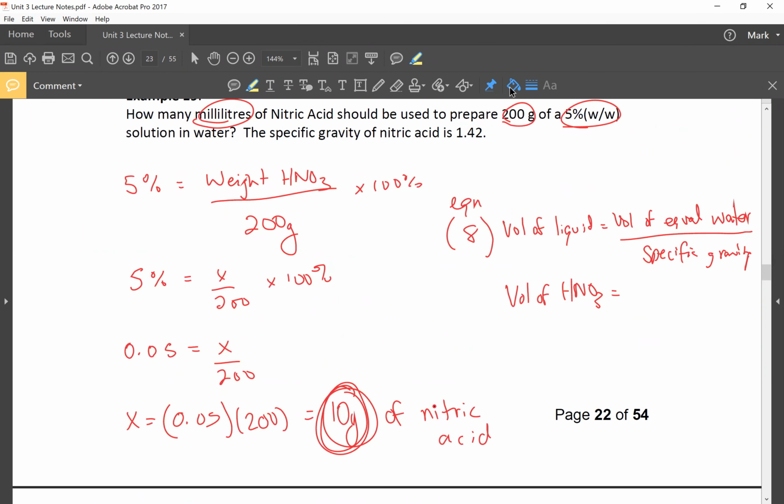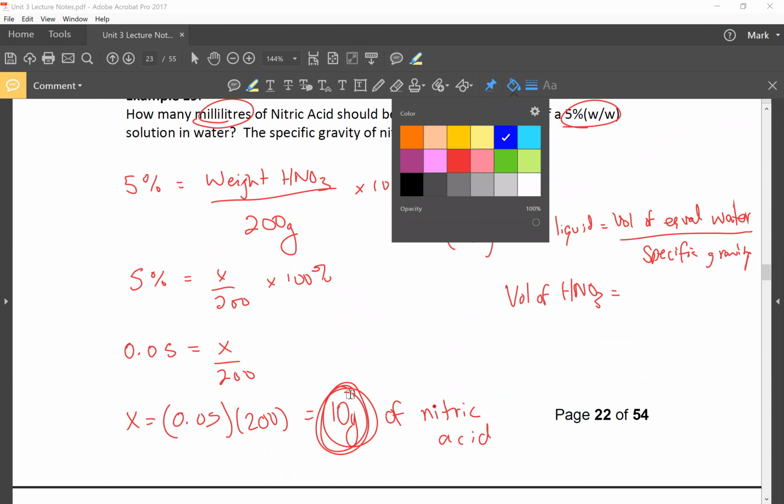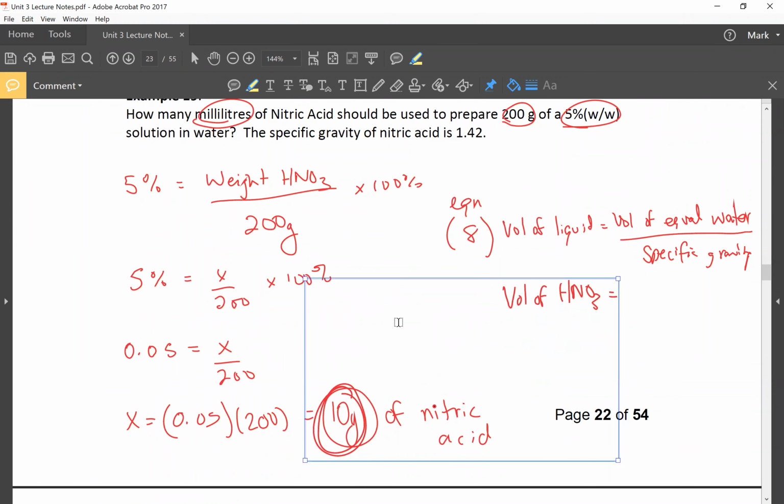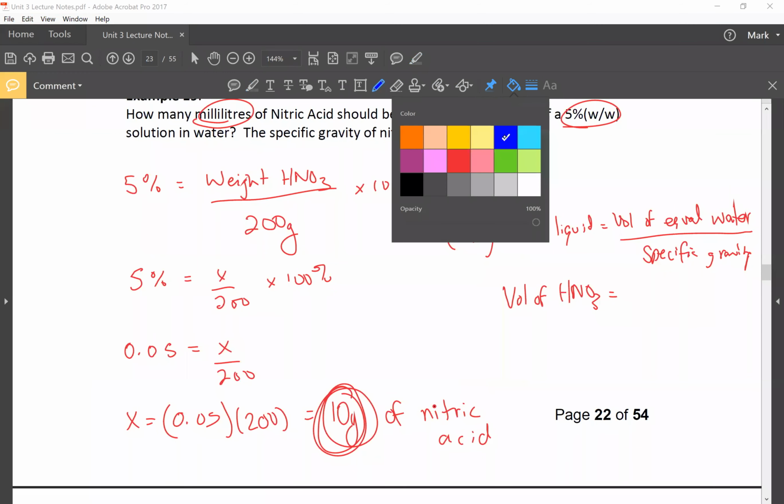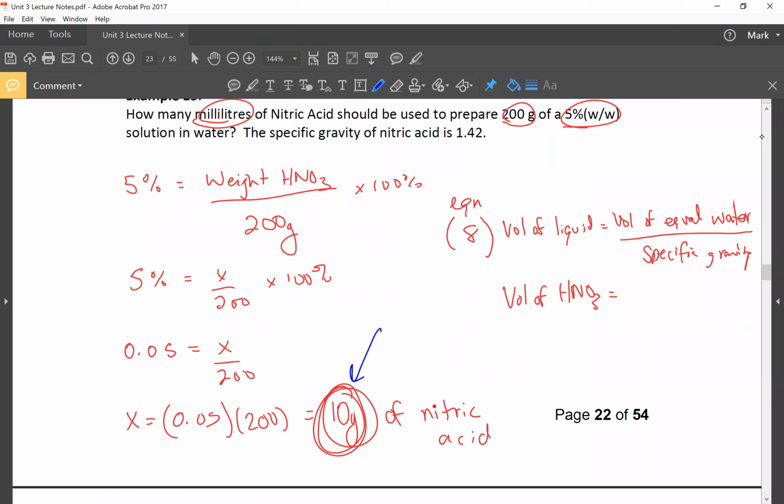Okay, so what I'm trying to say is this, there we go, is my volume. And the volume of equal weight of water is 10 milliliters. 10 grams of water would be 10 milliliters.